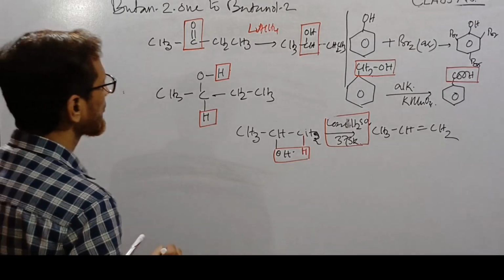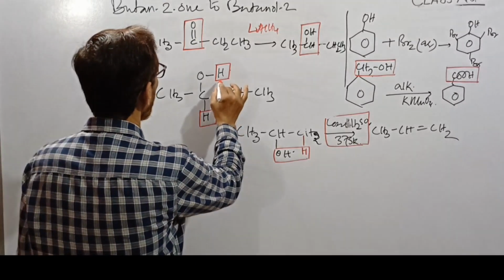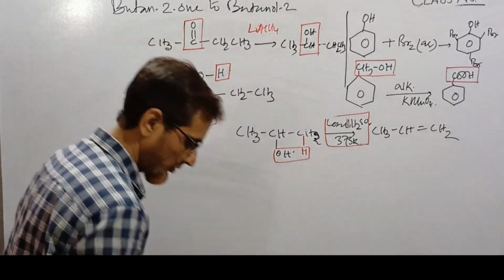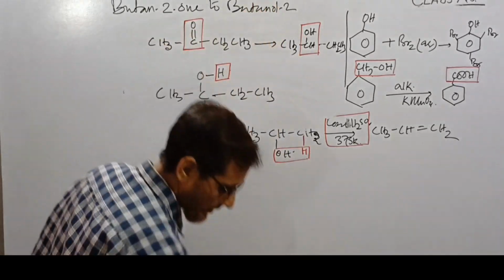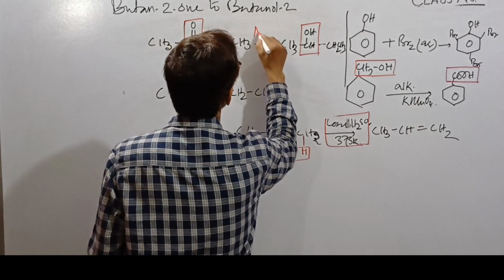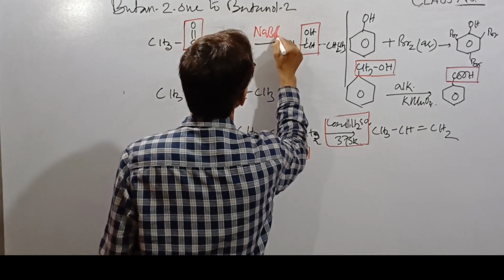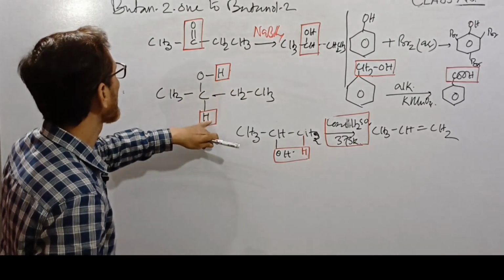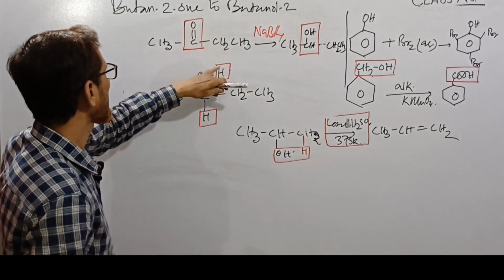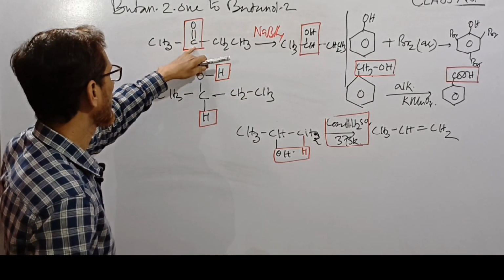So if you use sodium borohydride or lithium aluminum hydride, both are reducing reagents. So what happens? Two hydrogens are added, one hydrogen to oxygen, the other hydrogen to carbon.